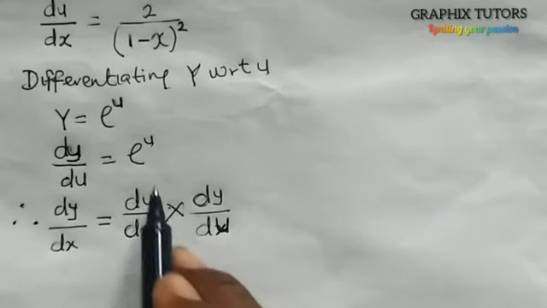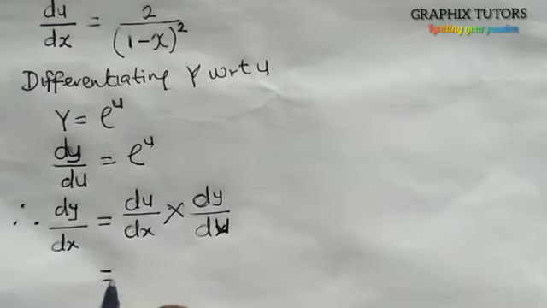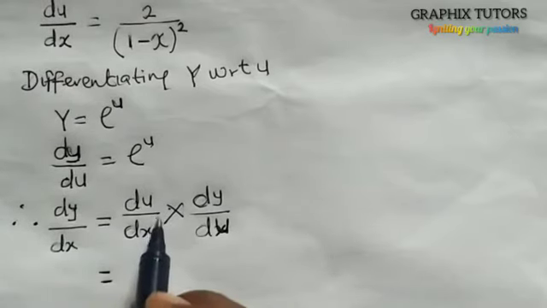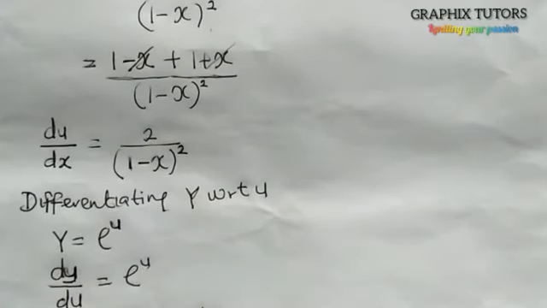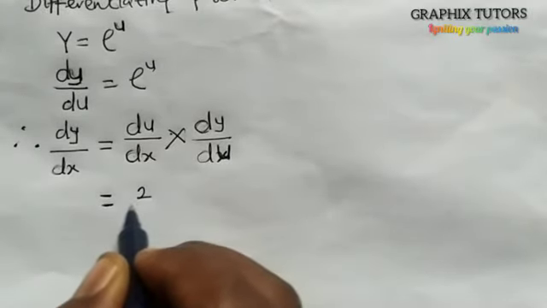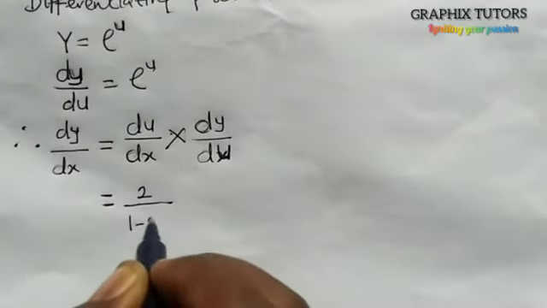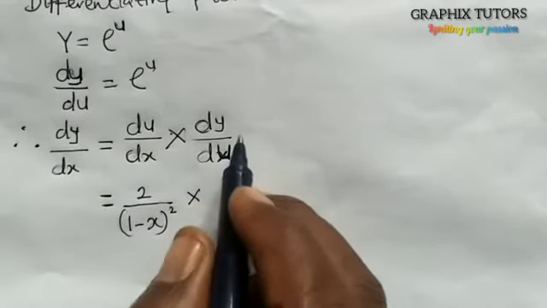Because this can cancel this, so we're left with dy over dx. Now what is my du over dx? My du over dx is 2 over 1 minus x squared. So we have 2 over 1 minus x all squared multiplied by dy over du.